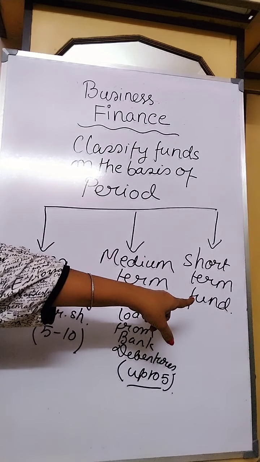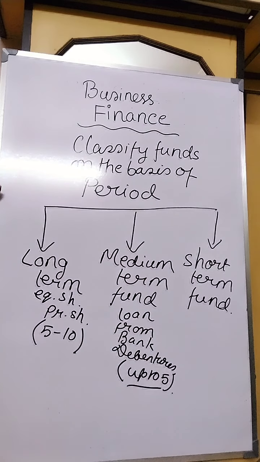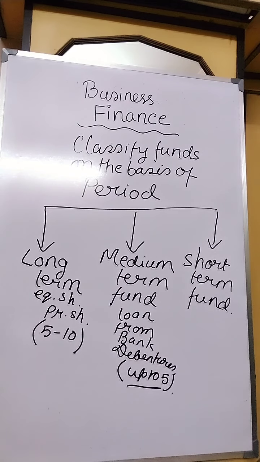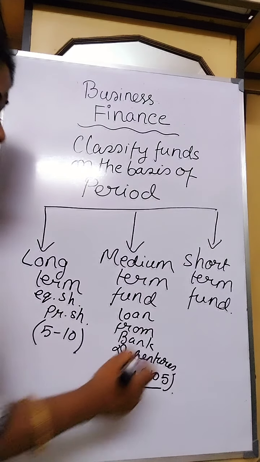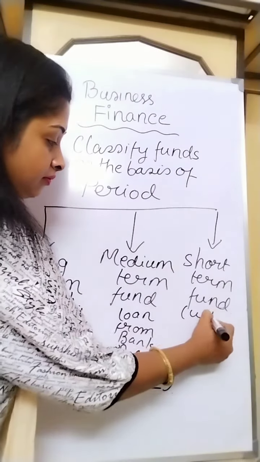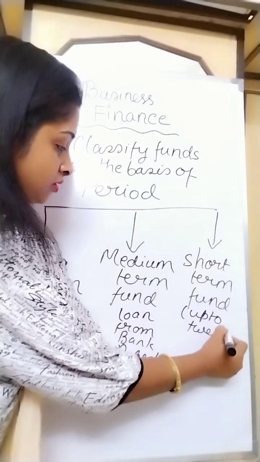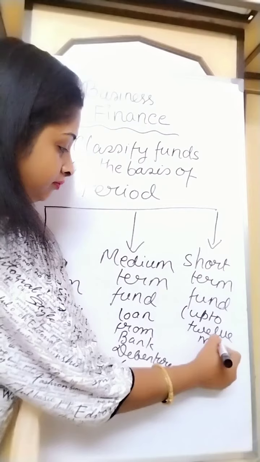And third one is the short term source of finance. Short term finance is required for meeting the short term needs of the financial concern, and the period is up to 12 months. So a very short period.